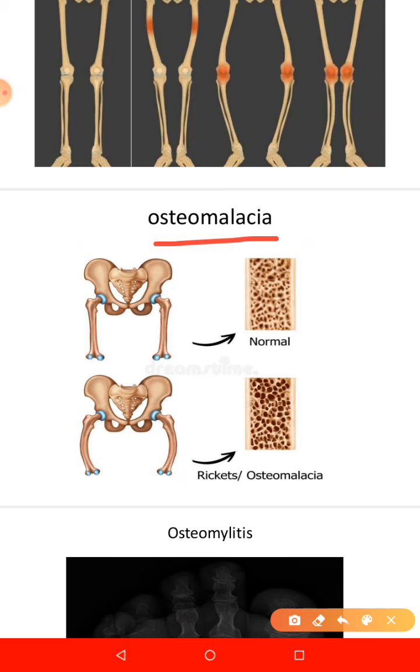Osteomalacia occurs because of deficiency of vitamin D. It also occurs due to prolonged damage of the kidney, and we know that the kidney is involved in production of 1,25-dihydroxycholecalciferol. What are the features? We have vague pain, tenderness in bones and muscles, myopathy leading to waddling gait, okay? Occasional hypocalcemic tetany. These are conditions which we are going to describe later on in detail.